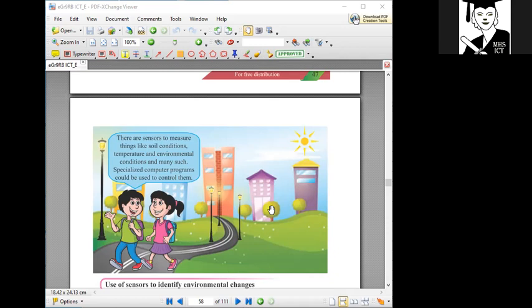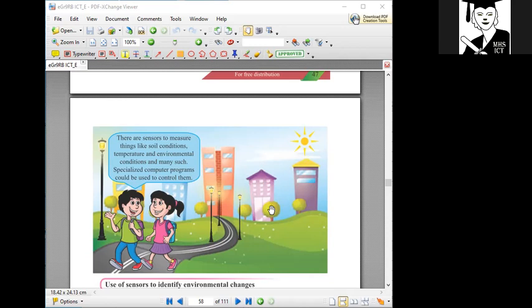There are sensors to measure things like soil conditions, temperature, and environmental conditions, and many such specialized computer programs could be used to control them.